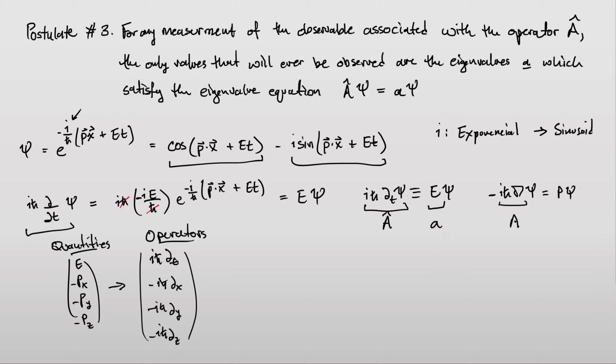This again here is our big A, and this is our little a, which can satisfy the eigenvalue equation. So we have operator side and we have eigenvalue side. And this really works well with this function right here, because we're just doing this operation when we take derivatives. Okay.